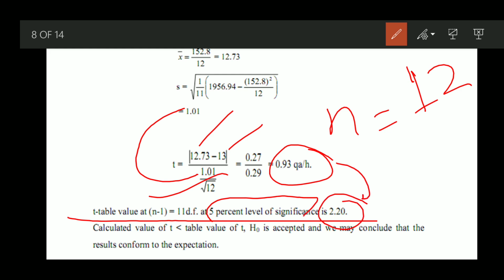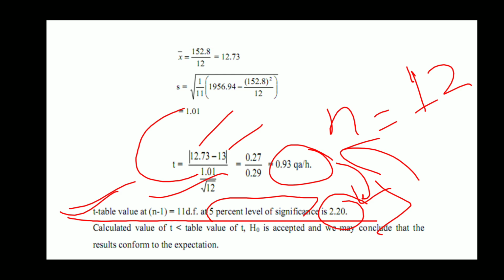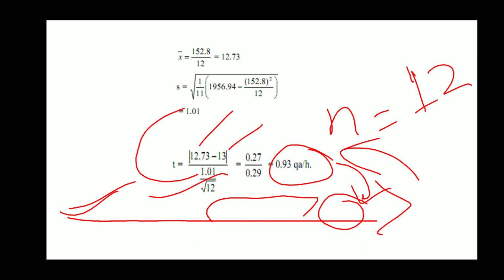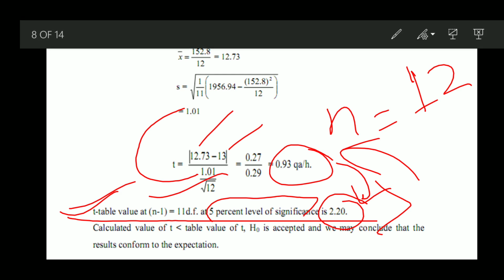So which one is greater? 2.20. That means our tabulated value is greater than the calculated value, which indicates the null hypothesis is accepted. We don't have enough evidence to reject our null hypothesis. That means we may conclude that the result conforms to expectation.